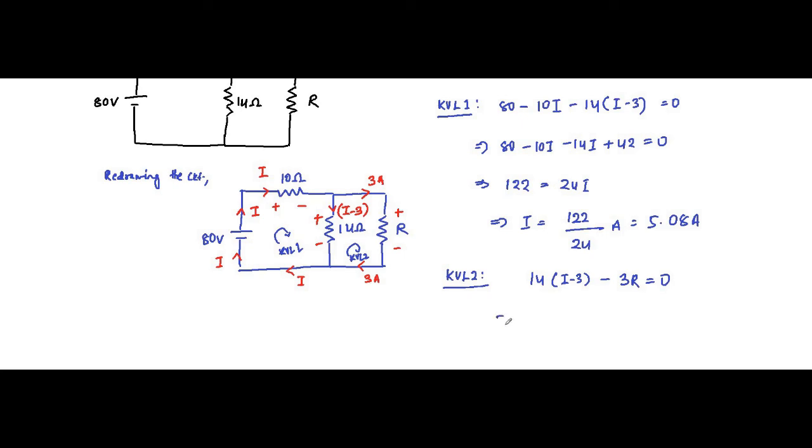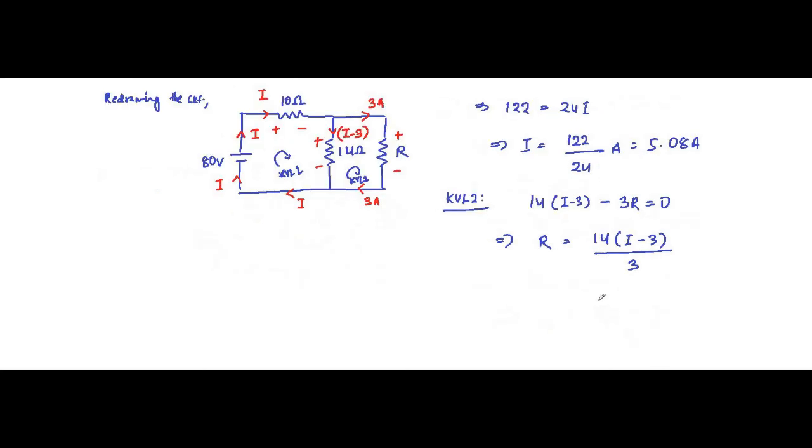Now we'll substitute the value: R is equal to 14 into (I minus 3) divided by 3. So it will be 14 into (5.08 minus 3) divided by 3.